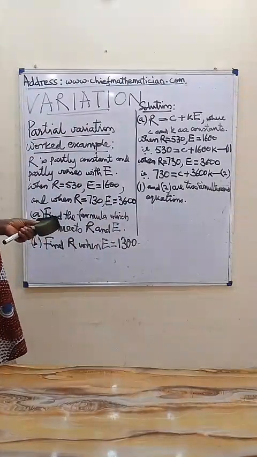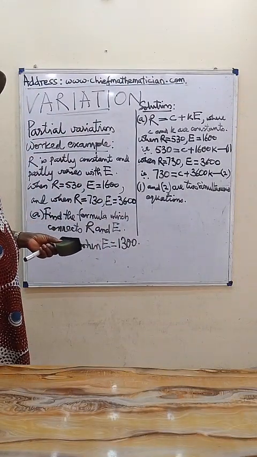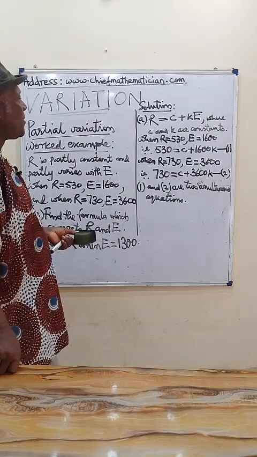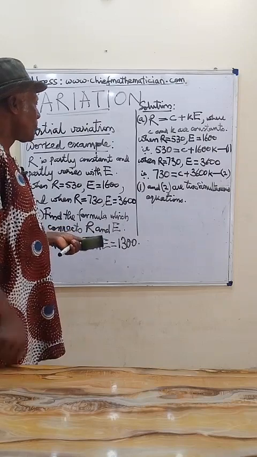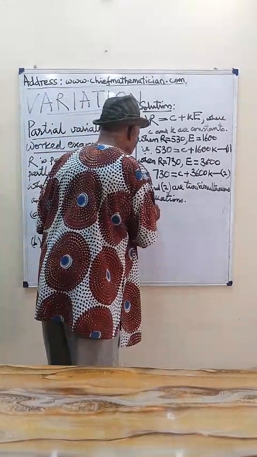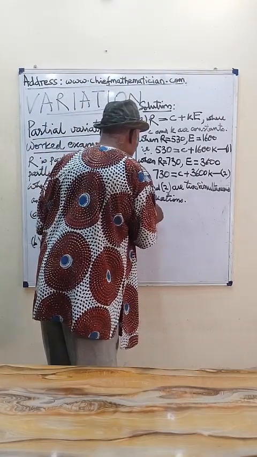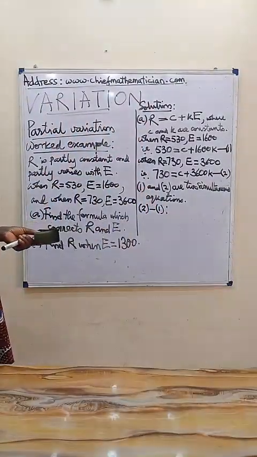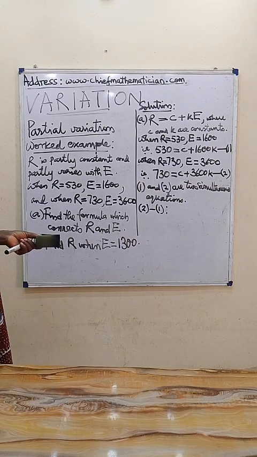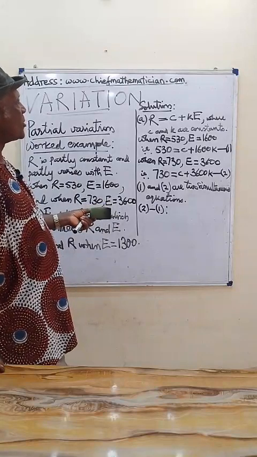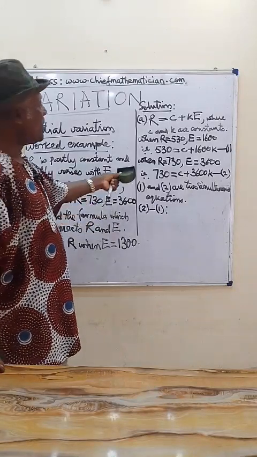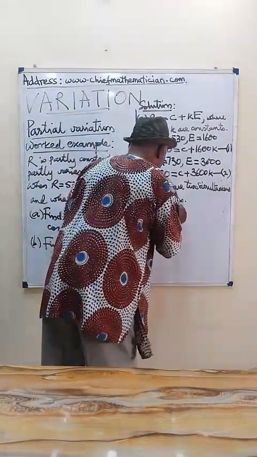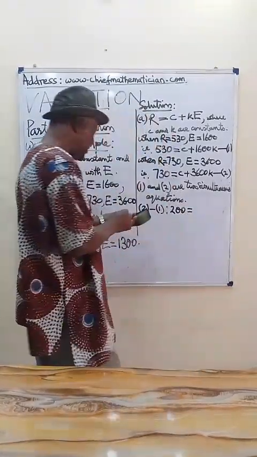If you look at equations 1 and 2, we proceed now to find the values of C and K from equations 1 and 2. Equation 2 minus equation 1. Please take note. Equation 2 minus equation 1 means 530 from 730, which gives us what? 200.